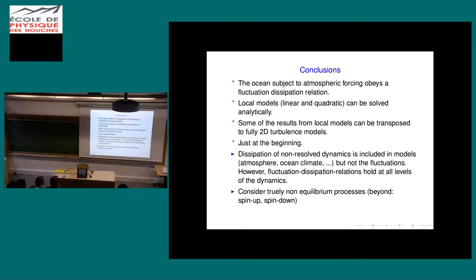So truly non-equilibrium processes are very important and should also be considered, because forcing functions also vary in time, and often the adjustment to the forcing, the spin up, is longer than the presence of the forcing.